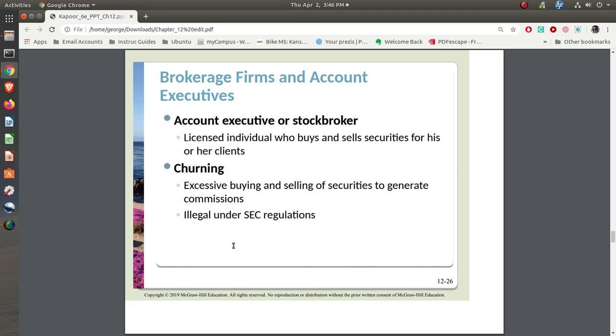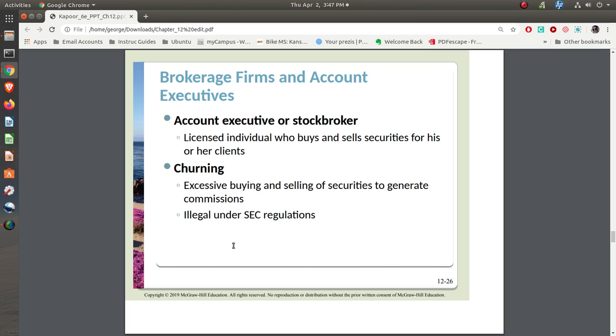The people who are buying and selling these things are typically stockbrokers, or an account executive. So, for example, I have my retirement with Edward Jones, and the guy who does that is a broker, and he can buy and sell some of these securities whenever it's necessary. Now, churning is illegal.